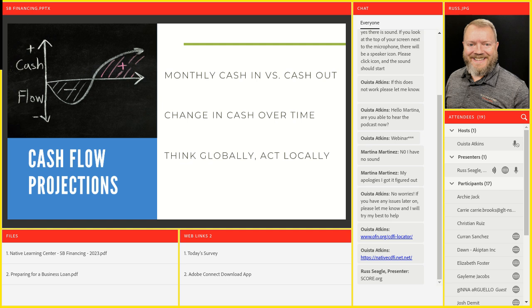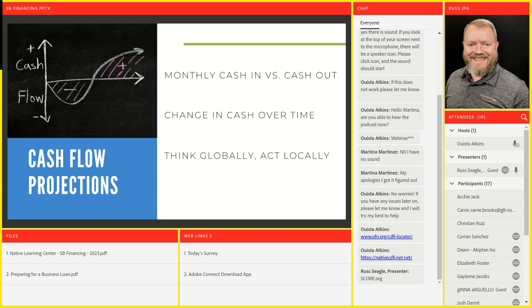Global cash flow means that there's more to your life than just your business. You have groceries to buy. You have a cable bill. You have a satellite bill. You have kids who need clothes and shoes for school next year. You have all kinds of expenses in your personal life that are going to represent a drain on the finances of your business.